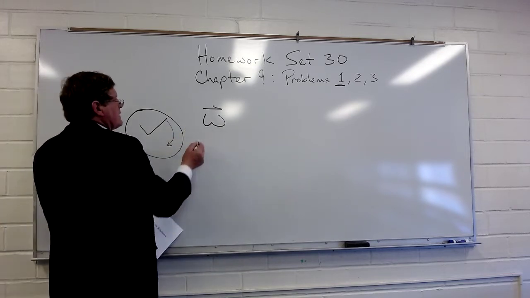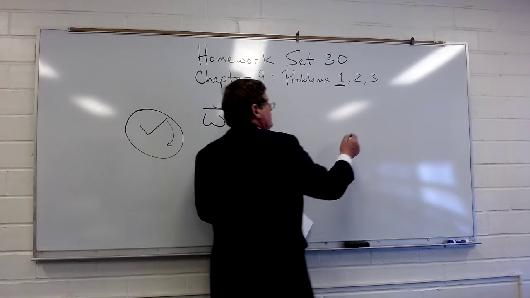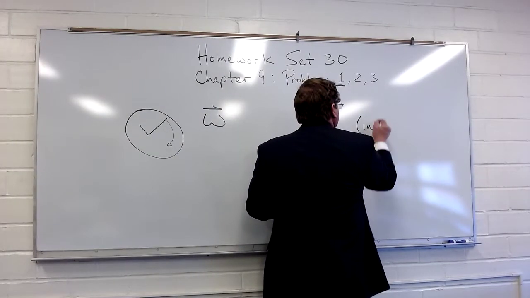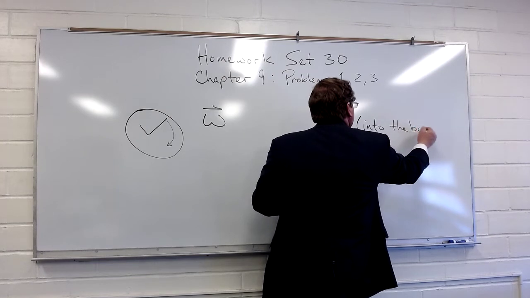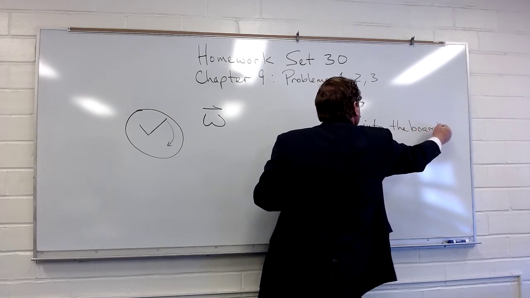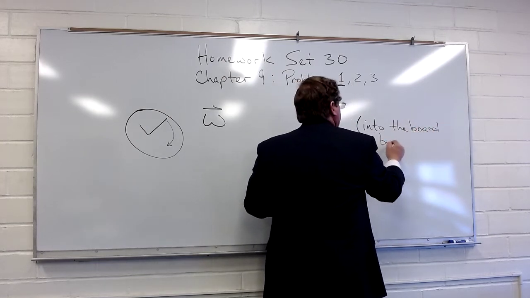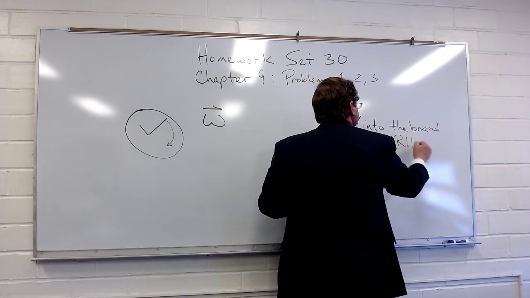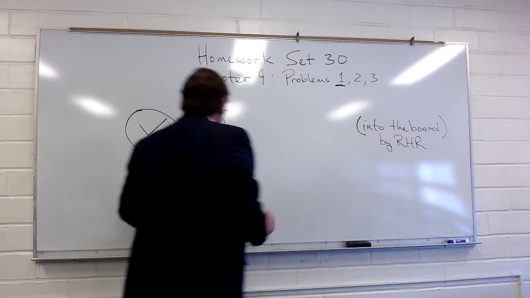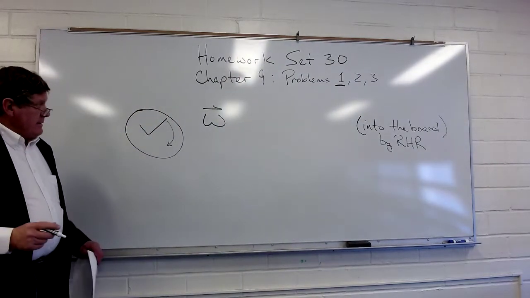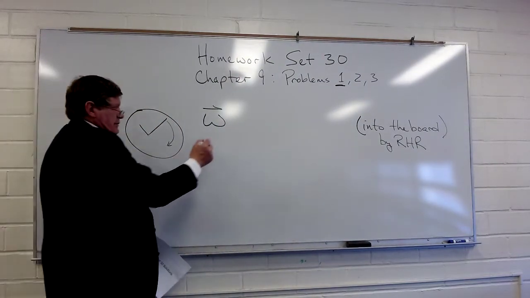So this omega vector is going to have a direction into the board by right-hand rule. Now, that's the direction. We need a magnitude for this vector.